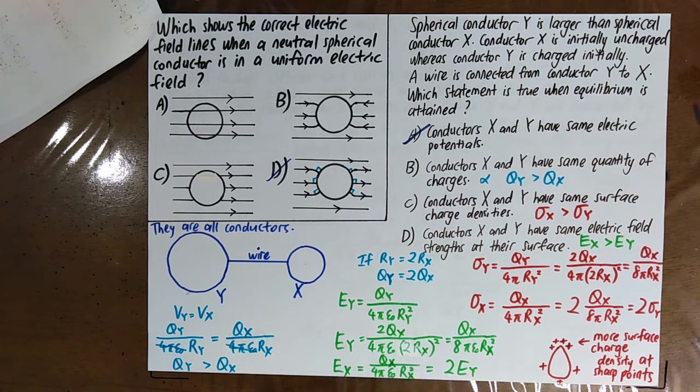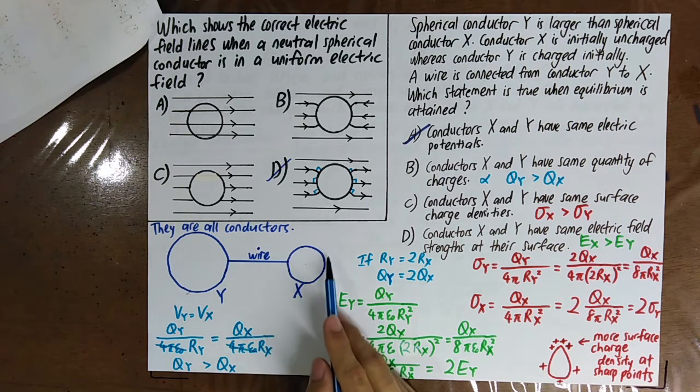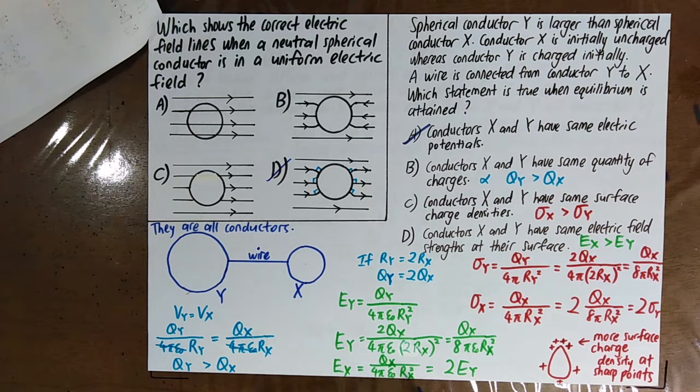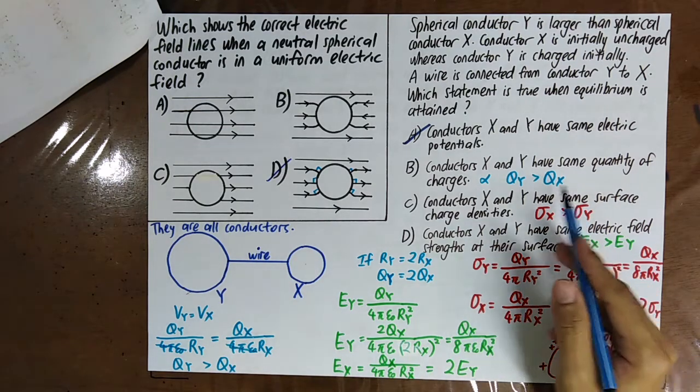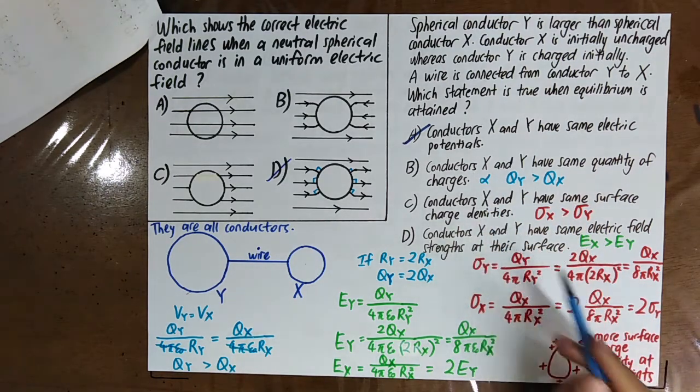Then you do the same for the electric field at the surface of conductor X, which is here. You realize that the electric field on the surface of conductor X must be twice the electric field at the surface of conductor Y. So you realize that these three statements are wrong.